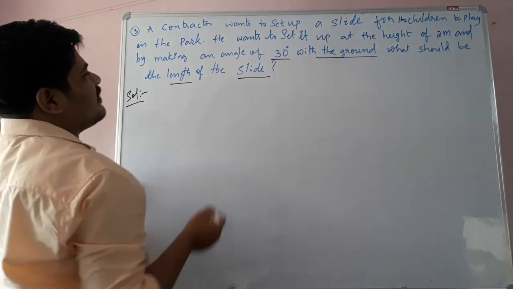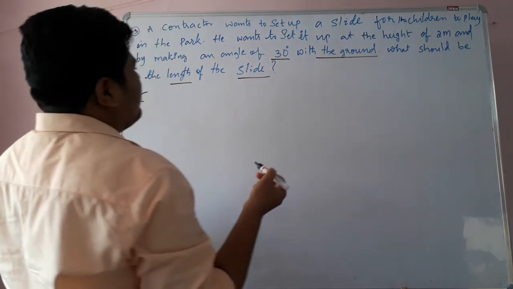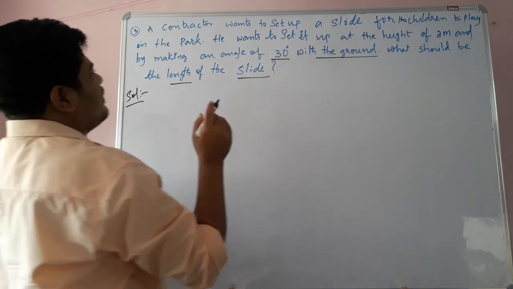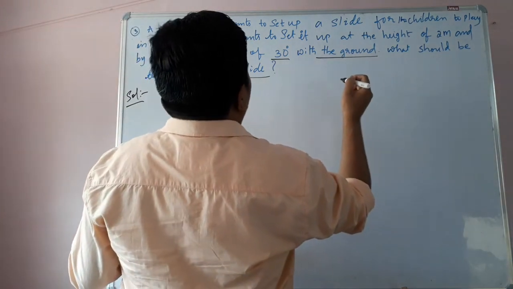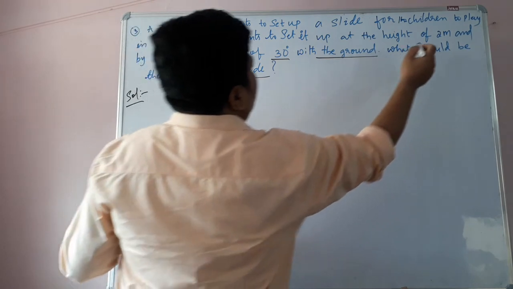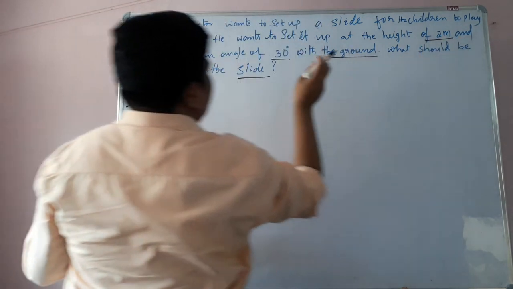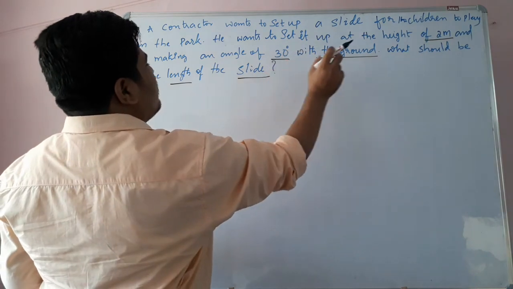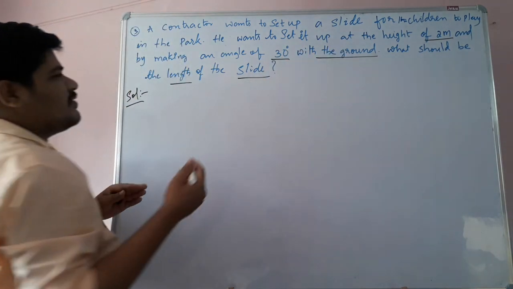So they are asking length of the slide, and given data is students, he wants to set up the slide at the height of 2 meters. So 2 meters height, and slide should make 30 degrees with the ground, and we need to find the length of the slide.